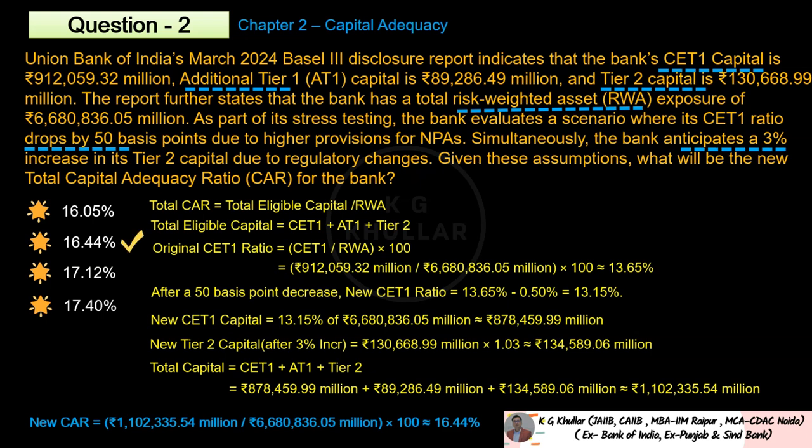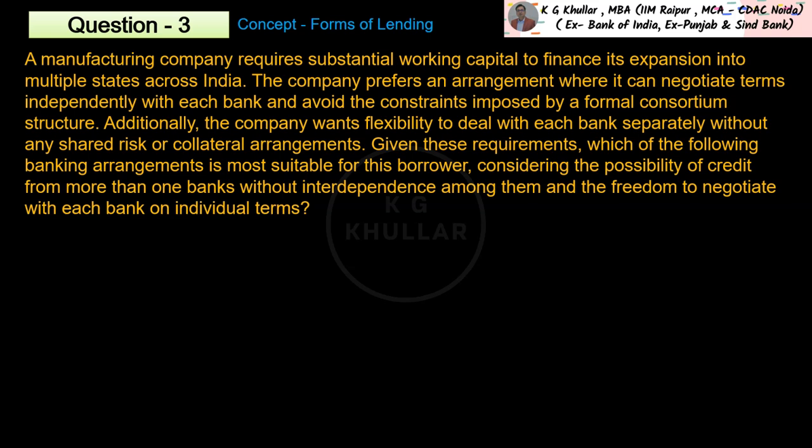The next question is, now the concept covered in this question is forms of lending. And the question goes like this. A manufacturing company requires substantial working capital to finance its expansion into multiple states across India. The company prefers an arrangement where it can negotiate terms independently with each bank and avoid the constraints imposed by a formal consortium structure.